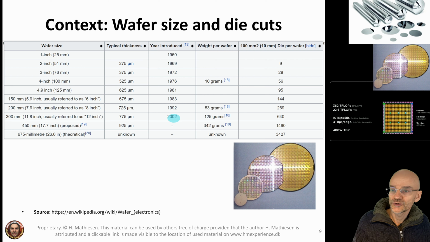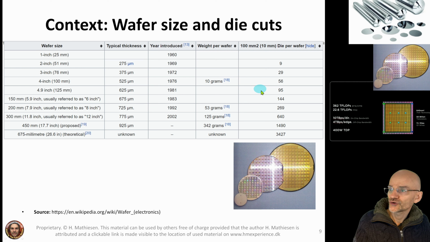But in principle, you could make less costly chips or integrated circuits if you make them on an even bigger wafer. And we have proposed to go to the next step, which would be 450 millimeter, but it hasn't happened and it might not happen. In the future it will happen, eventually it will happen, because you want to have these cost savings.